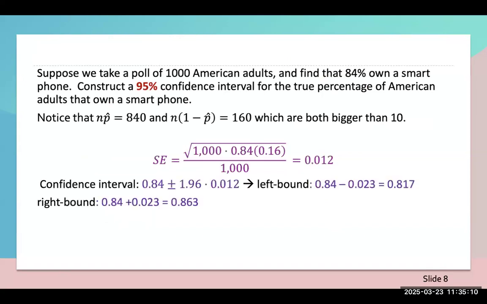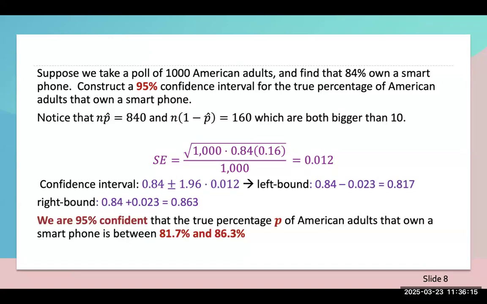So I'm going to take that 1.96 and multiply it by the standard error. I got about 0.023 when I multiplied those two numbers together. Then I'm going to take the 0.84 and add and subtract the margin of error, the 0.023. When I subtracted it, I got 0.817, and when I added it, I got 0.863. Double check that these numbers are correct.